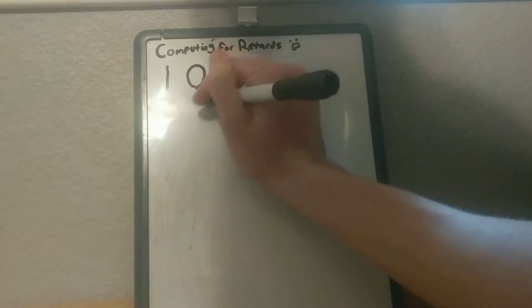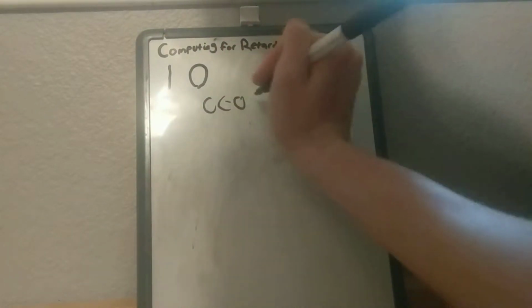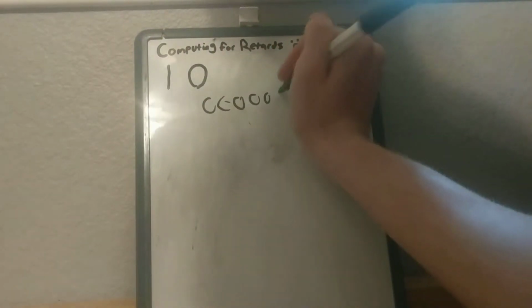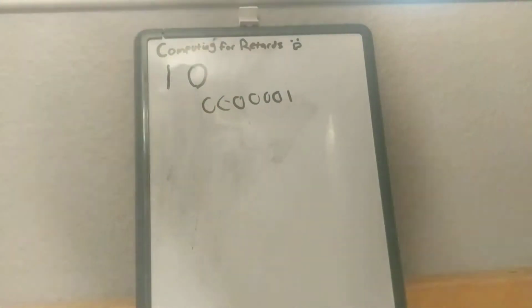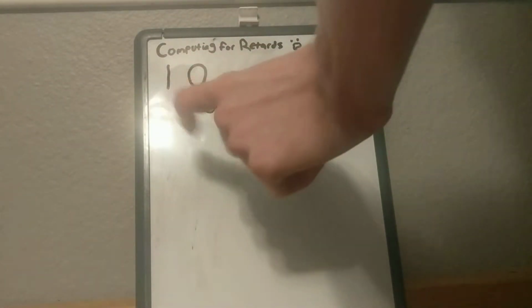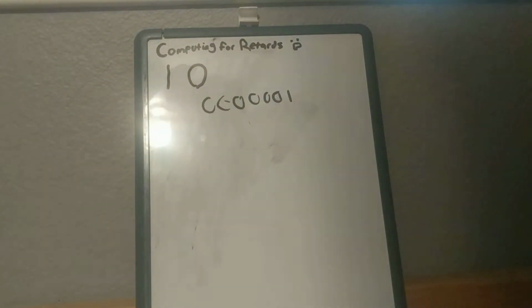Anyhow, we can encode information in binary. You can have 0, 0, 0, 0, 0, 0, 0, 1. That is 1 in binary. Again, I'm not going to explain why that is 1 in binary. Just know this is 1 in binary. And it's 8 bits.